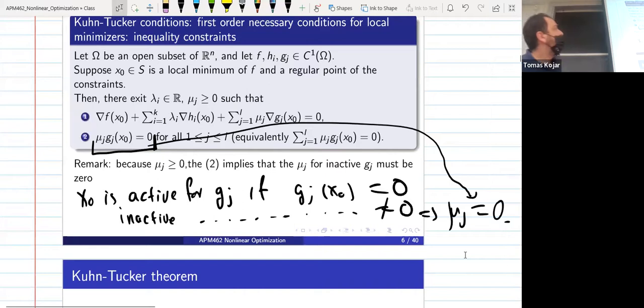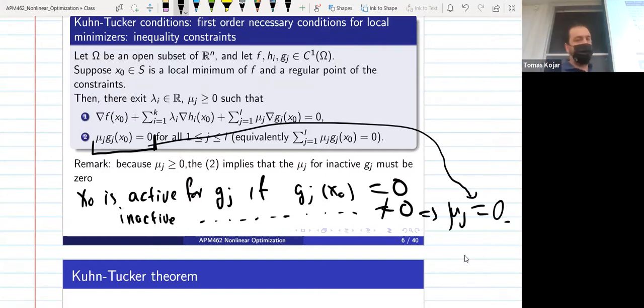So the non-zero ones are only for inactive. No, sorry, so when it's active, you have possibly non-zero multipliers.